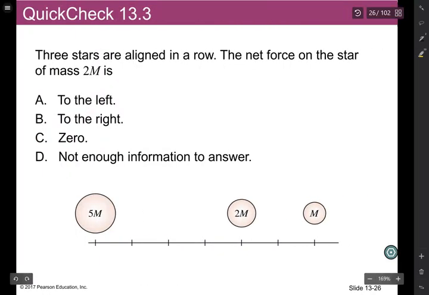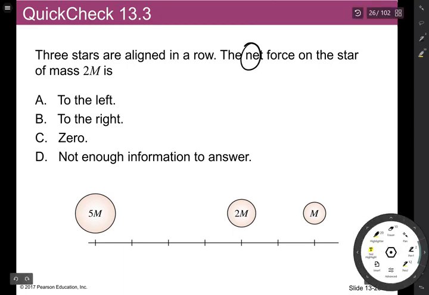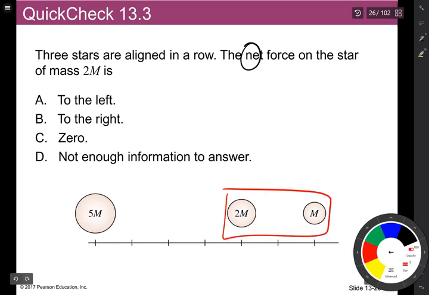Okay, so now here, a little bit more complicated. We want to know the net force. So in other words, we have to figure out what forces are there. Well, there's an interaction here, right? The star of mass 2m is interacting with the star of mass m, but there's also an interaction here.